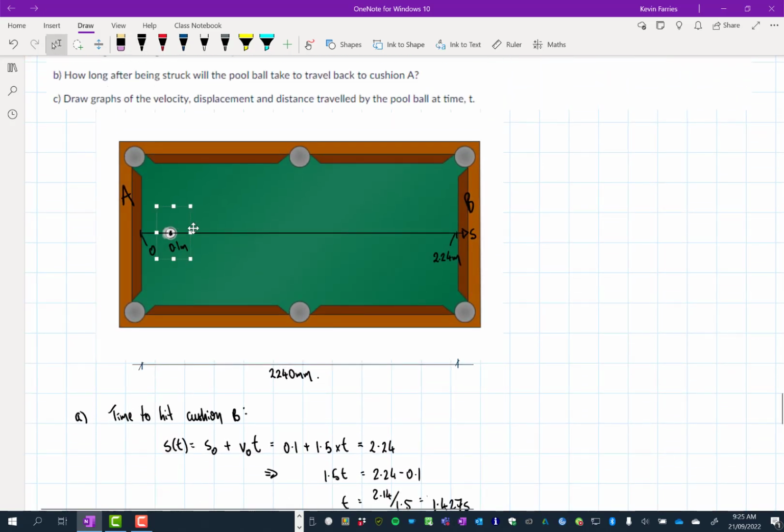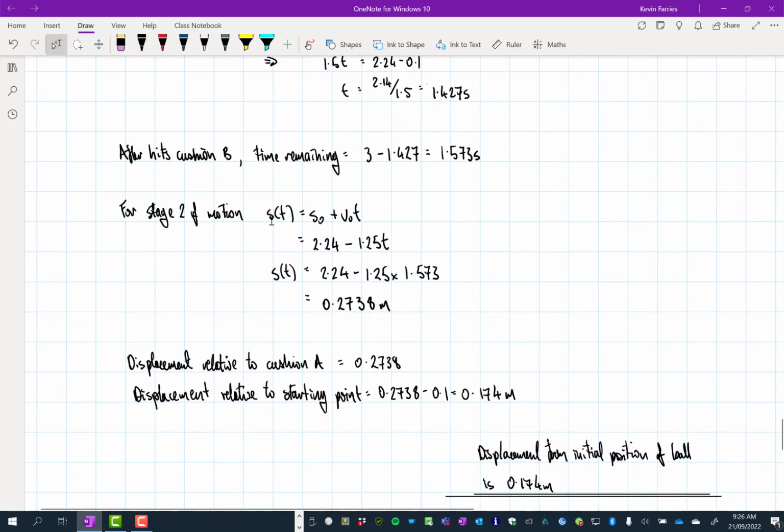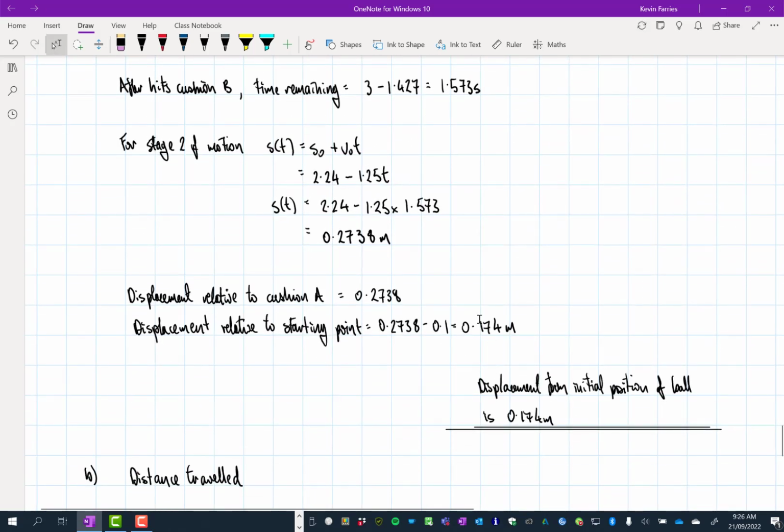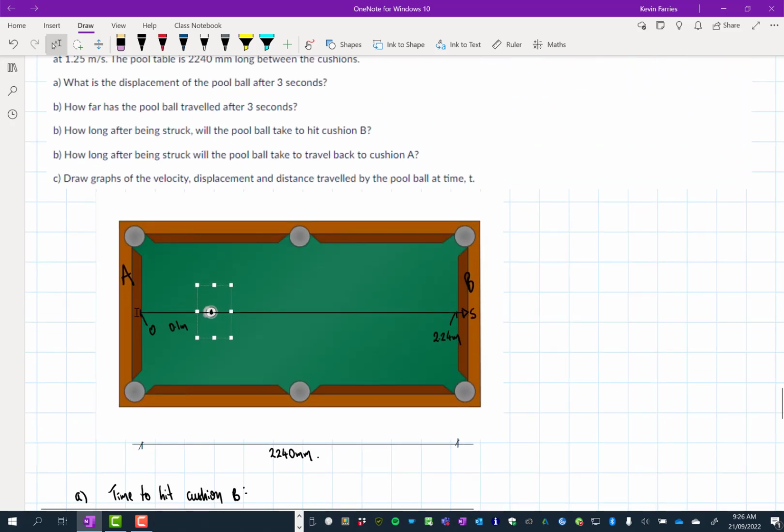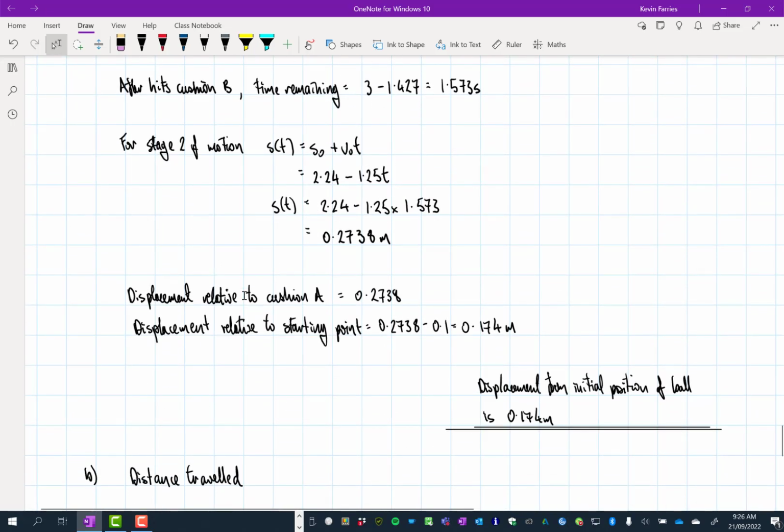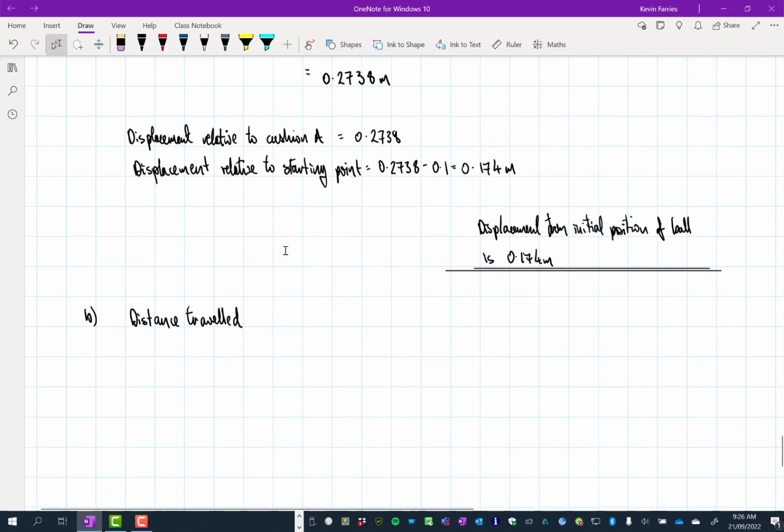So it traveled from here to here first, and so that was 2.24 meters minus 0.1 meters, and then it came back to here, which was at 0.2738 from A, so that's going to be 2.24 take away 0.2738. You follow me? So it's got two paths.